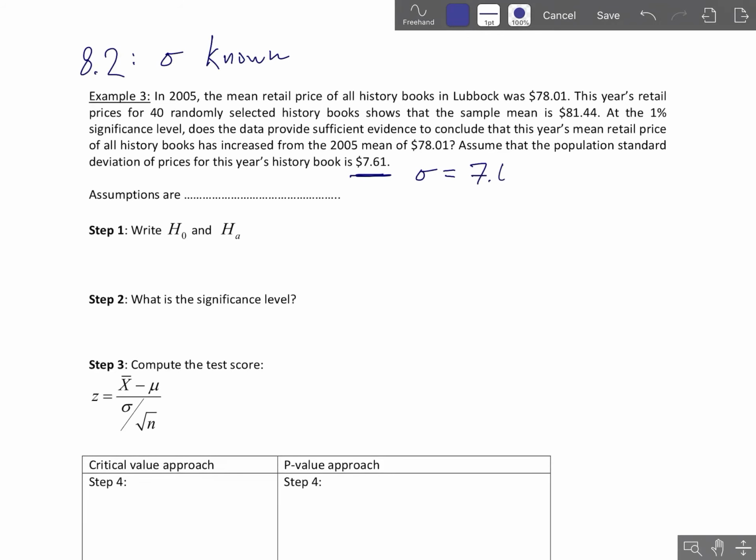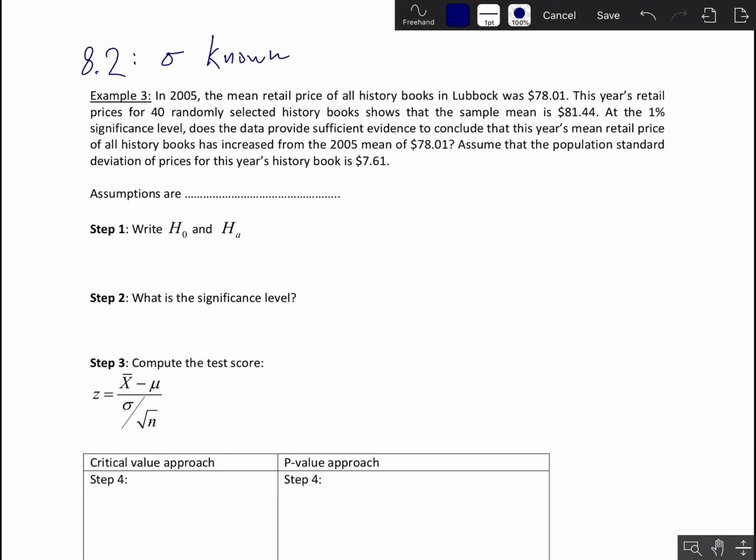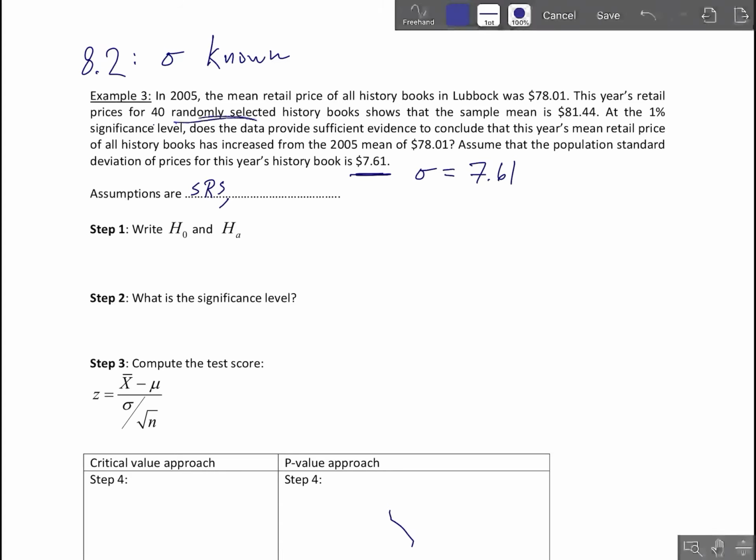It says, assume that the population standard deviation here is 761. So in this case, our sigma is known, it's 761. That means we can apply these techniques from section 8.2. And remember, the assumptions that we need in these cases are that we're taking a simple random sample from the set of books. Here we had 40 randomly selected history books, so that would be a simple random sample.